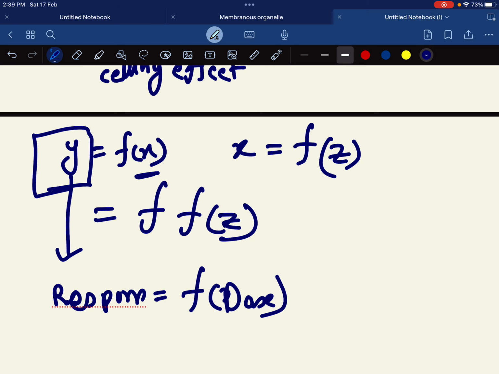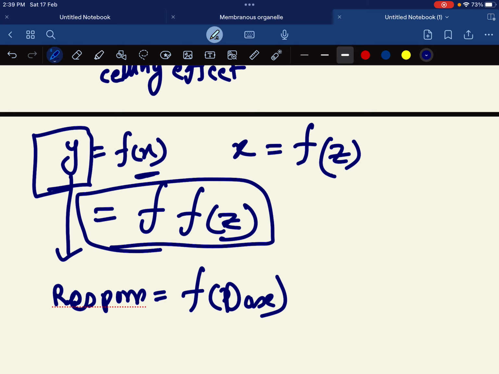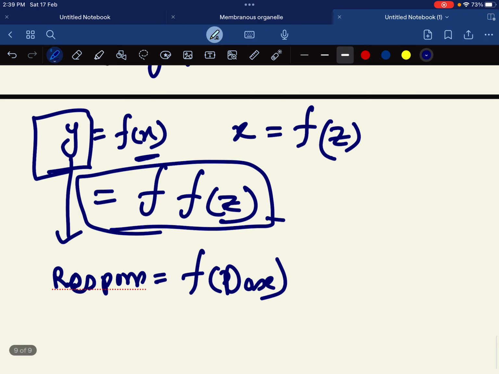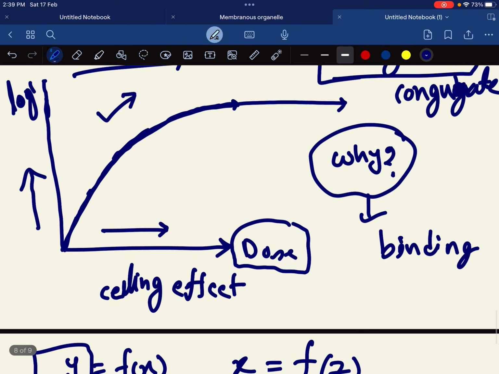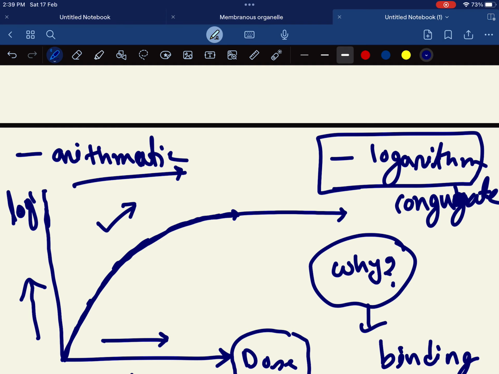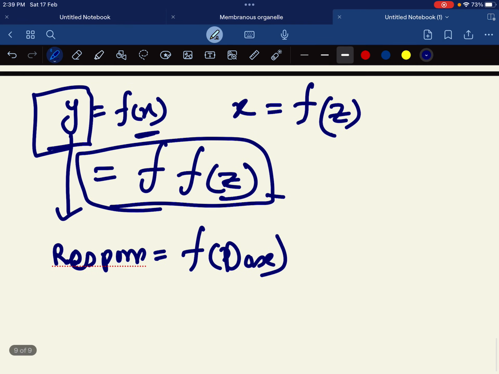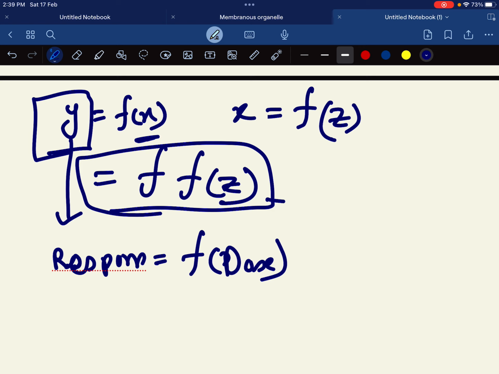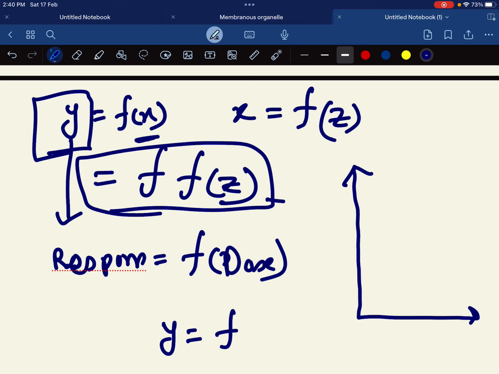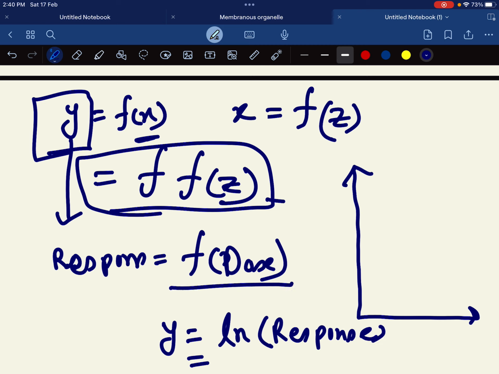Now the logarithmic curve is like this, where the y-axis, the ordinate, you get will be ln of response. And you know what is response? Response is function of dose.